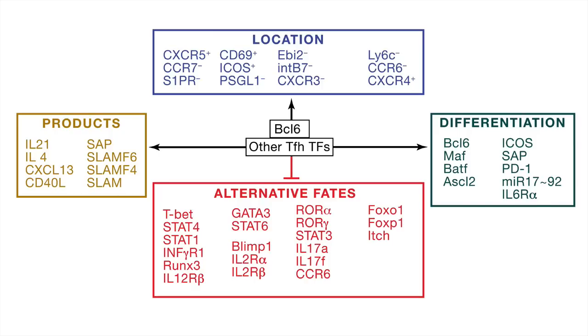But generally speaking, the regulation of TFH gene regulation can be characterized in the following schematic manner, where one can conceive of 4 different major categories of TFH-associated genes: products of TFH cells, either secreted molecules or adhesion molecules that are important for helping B cells; localization of the TFH cells; differentiation of the TFH cells; and repression of alternative fates.